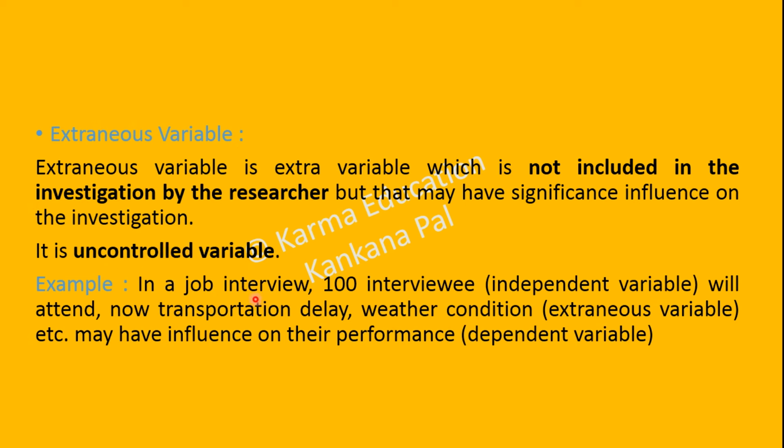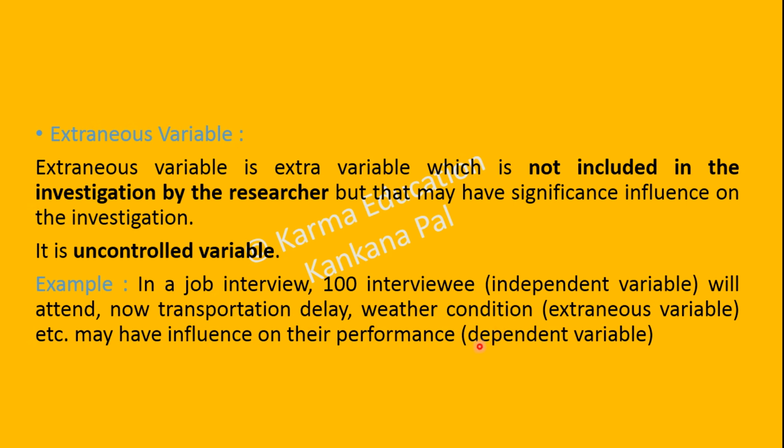For example, in a job interview, 100 interviewees are there, they will attend the interview. These are independent variable. Now transportation delay, weather condition, etc. may have influence on their performance. Their performance is dependent variable. Interviewer, independent variable.